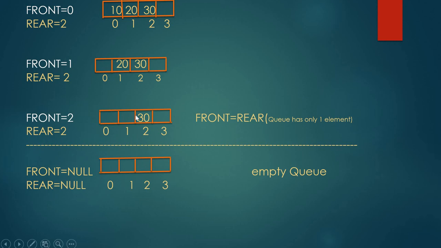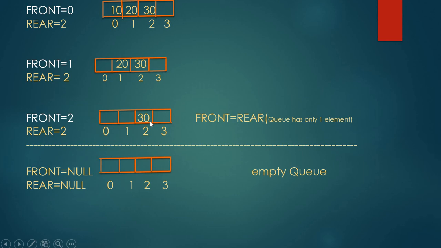Then, suppose we need to delete this 30 also. Then what will happen? After deleting this 30, the queue will be empty, because there was one and only one element, and if you delete that element, you will get an empty queue.